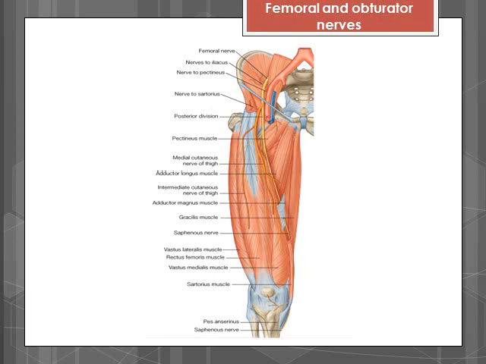Also, it supplies the skin of the anterior and medial aspect of the thigh through the intermediate and medial cutaneous branches that arise from the anterior division, and the skin of the medial side of the knee, medial side of the leg and foot up to the distal joint of the first metatarsal through a long cutaneous nerve called the saphenous nerve that passes through the adductor canal.